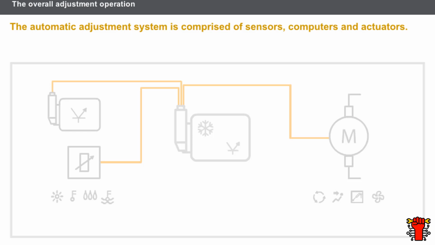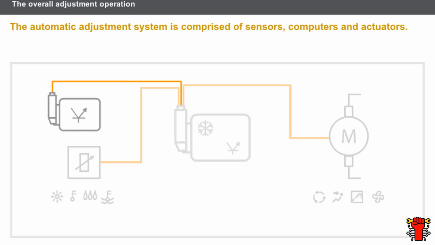We shall now introduce the different components of the automatic adjustment system. The automatic adjustment system is comprised of sensors, computers, and actuators. The sensors detect physical units and transform them into electrical signals.